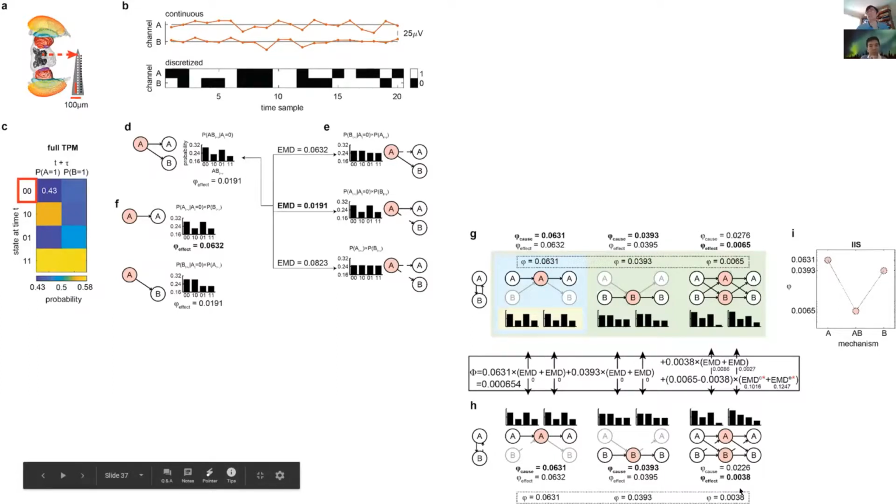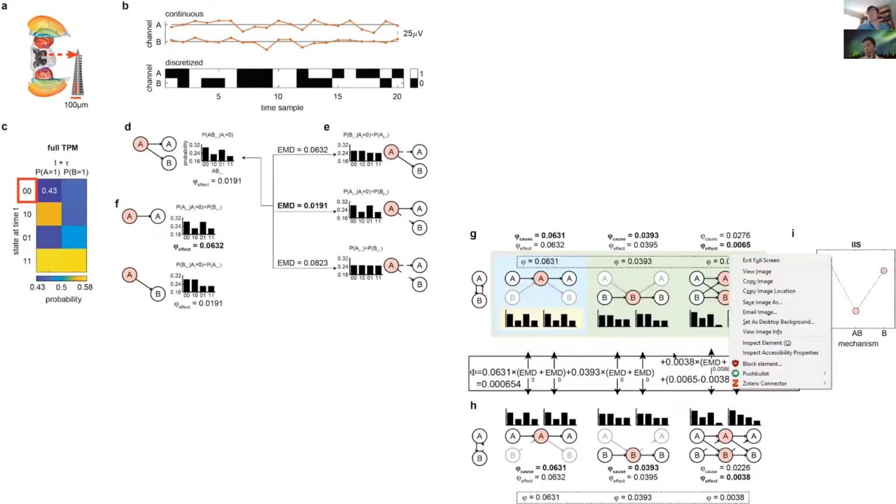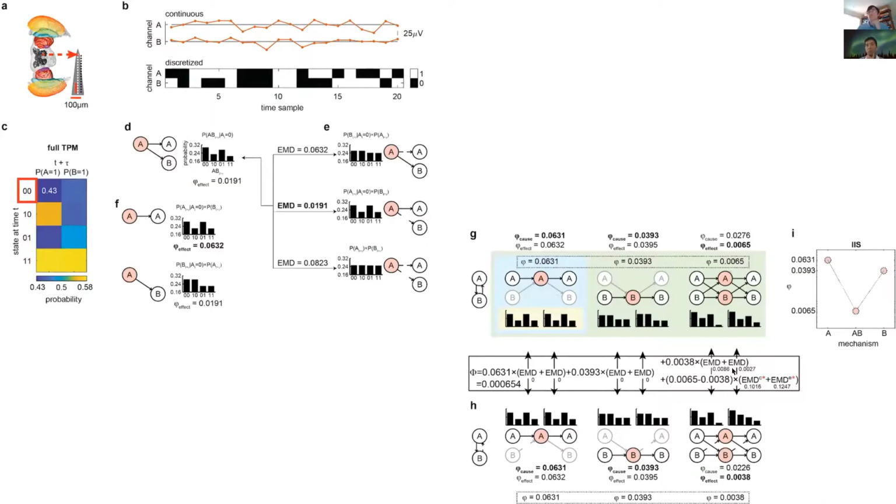So it'll just be 0.0038 times the distance between these distributions. And what you have left over, which is 0.0065 minus 0.0038, you move to the null distribution that we were talking about before. And basically, this whole weighted summation gives you this big phi, system level integrated information, essentially.